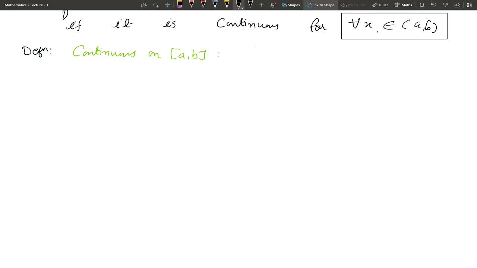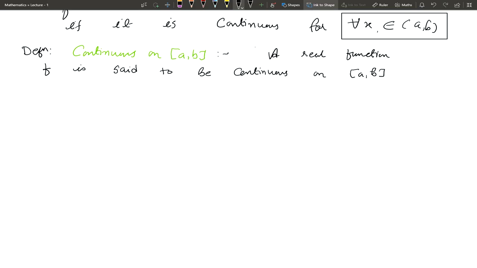A real function f is said to be continuous on closed interval a comma b if, first condition, it is continuous on open interval a comma b.